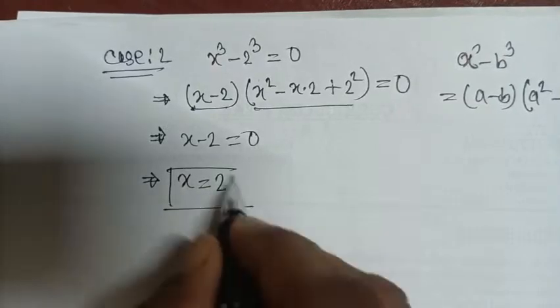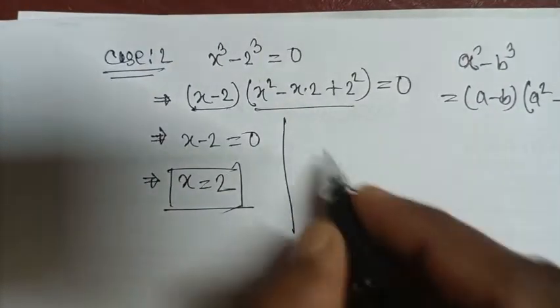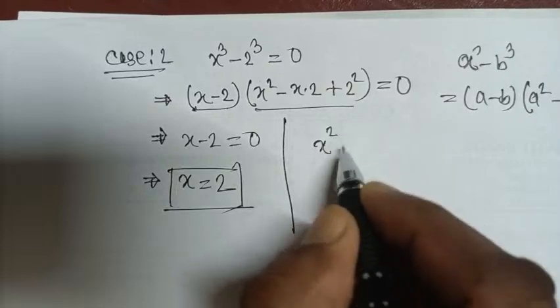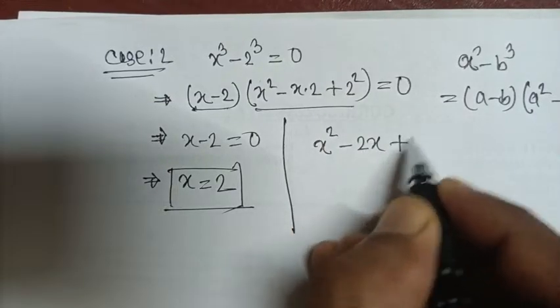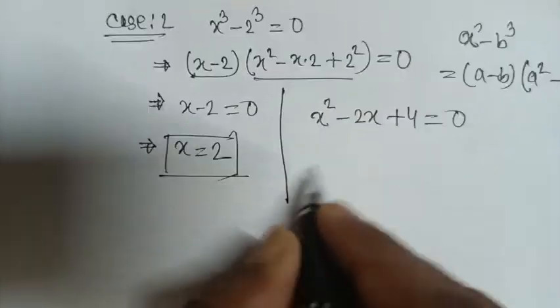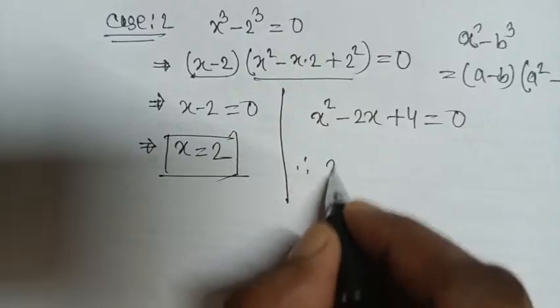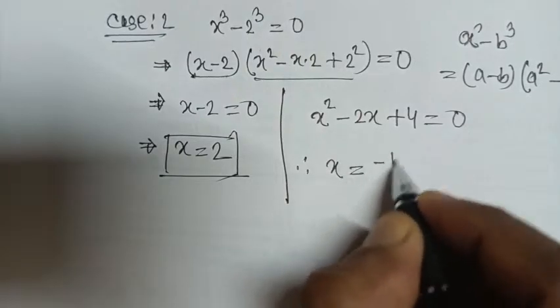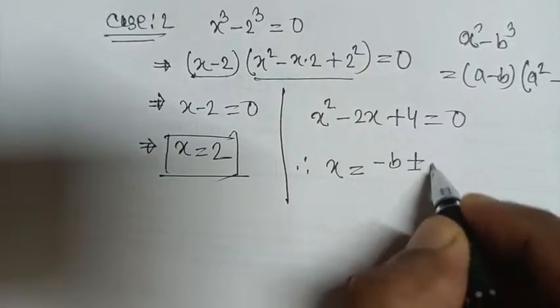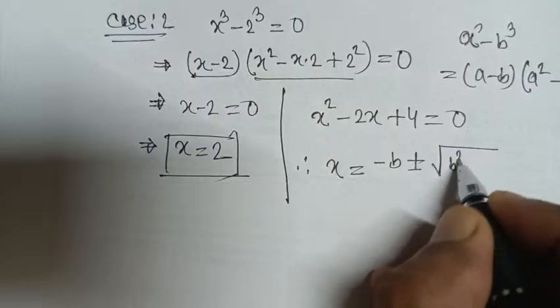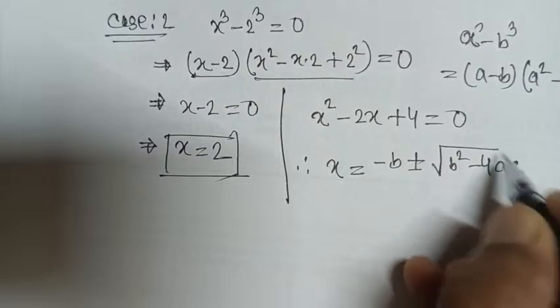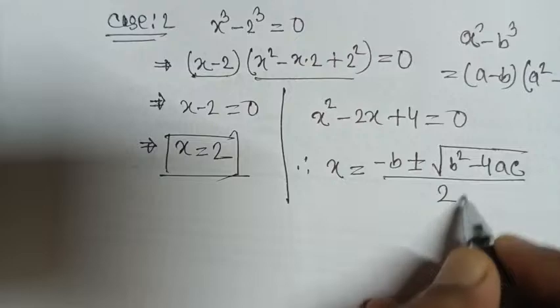So we get another solution, x is equal to 2, and another x square plus 2x plus 4 equals to 0. So therefore x will be minus b plus minus root over of b square minus 4ac by 2a.